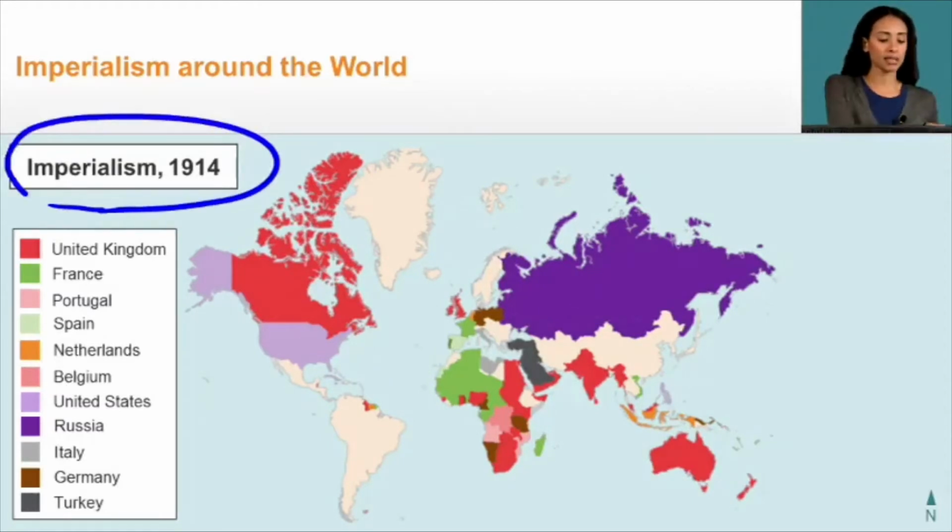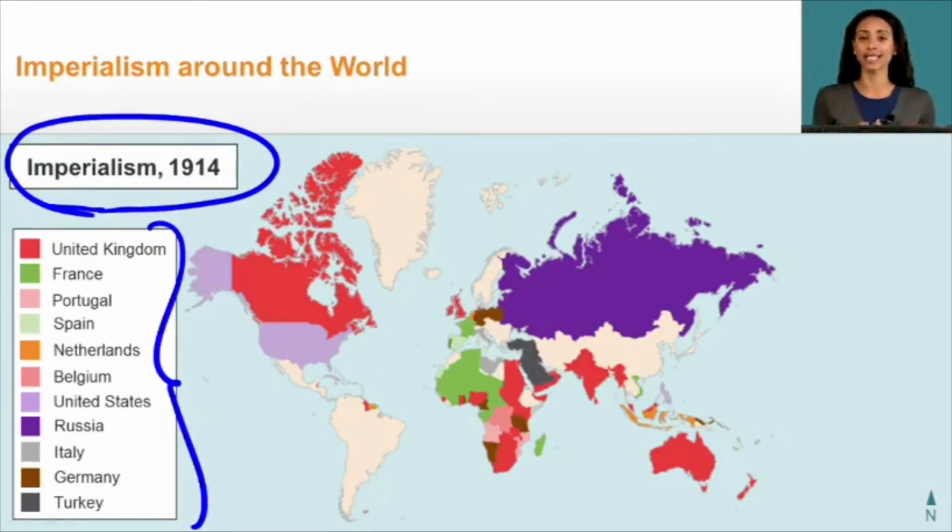And we can see this map showing us how imperialism is affecting the world by 1914. We can see many different countries are engaged in this activity, this growth of their empire or their nation. But no country is engaged in more imperialism at this time than the United Kingdom. The UK is this very small country right in the middle of our map.